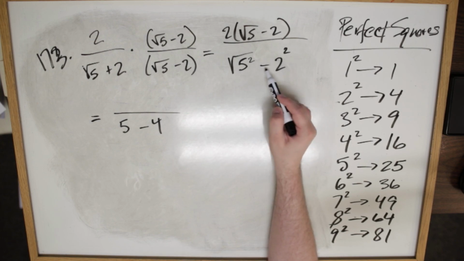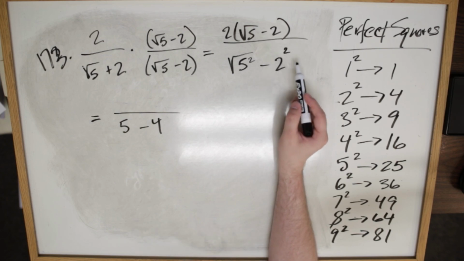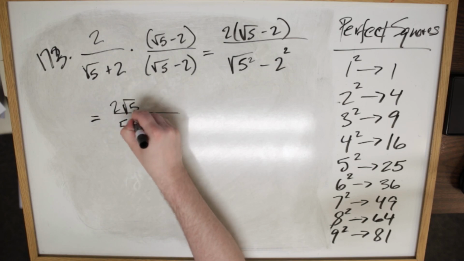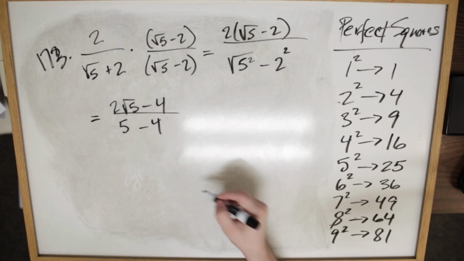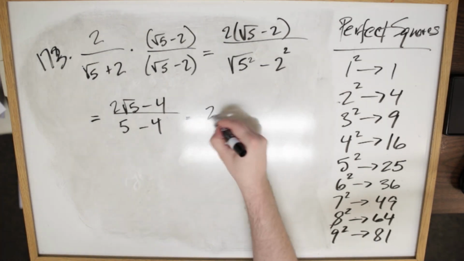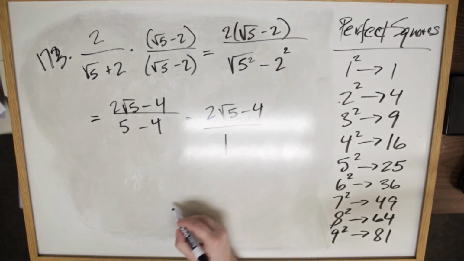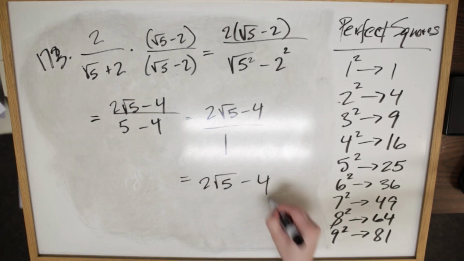I'm subtracting 2 squared, so I'm subtracting 4. The top is going to be 2 radical 5 minus 4. So here we get 2 radical 5 minus 4 all over 1, which is equal to 2 radical 5 minus 4. And that is our solution.